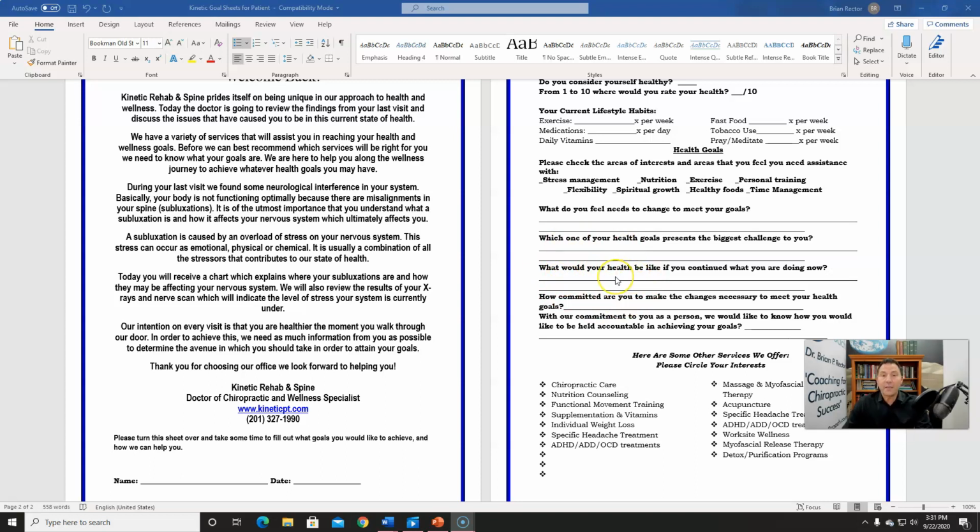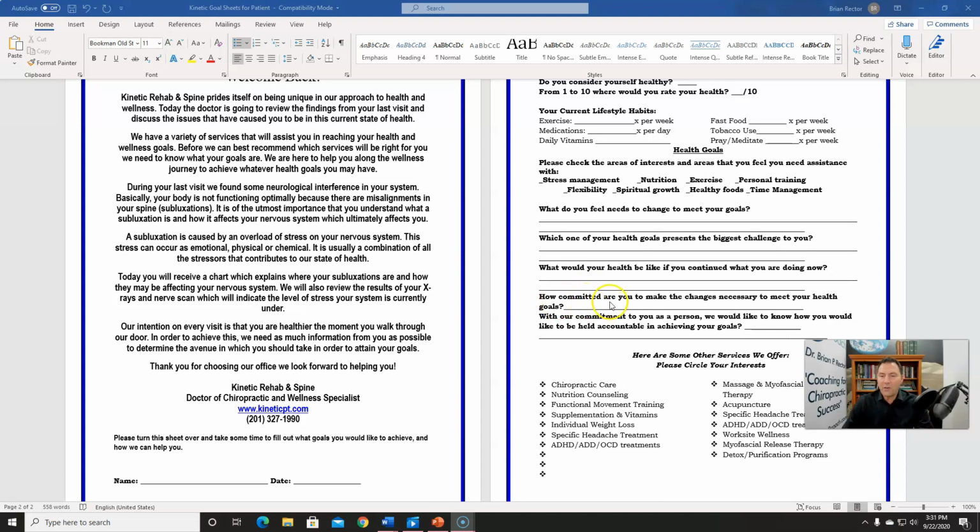"I don't want to die like my mother did at 54, had a heart attack." How old were you when your mother died at 54? I want them to really feel it, because I want to understand who they are. That's the real way, through emotion, that we understand a patient: what they're saying, how they're explaining.